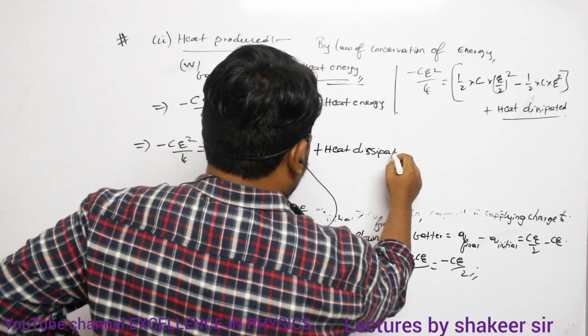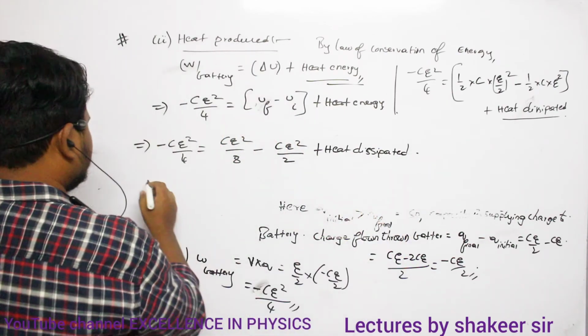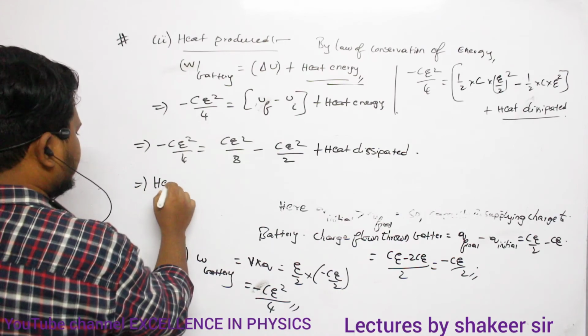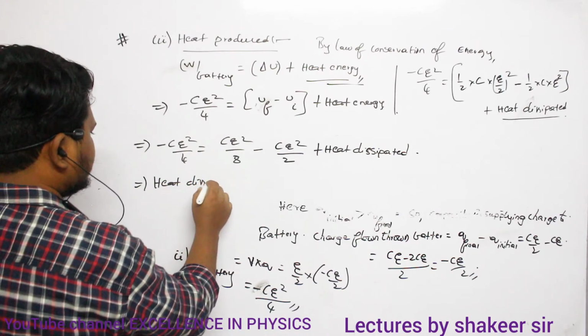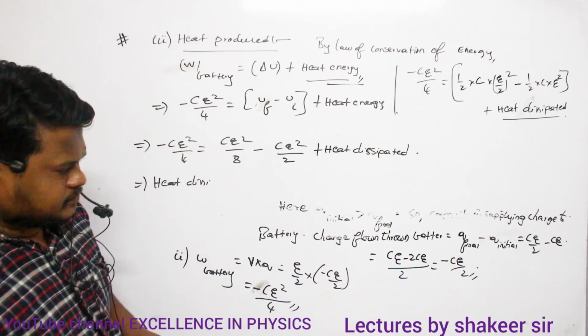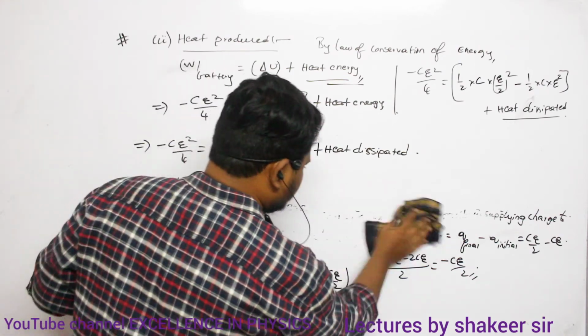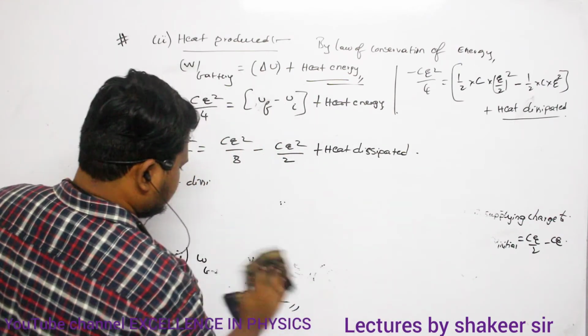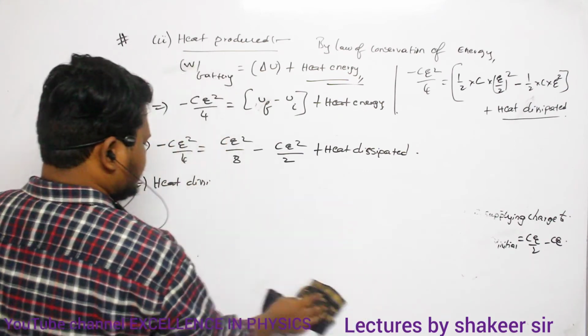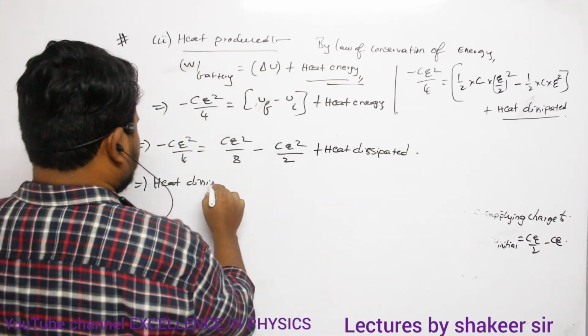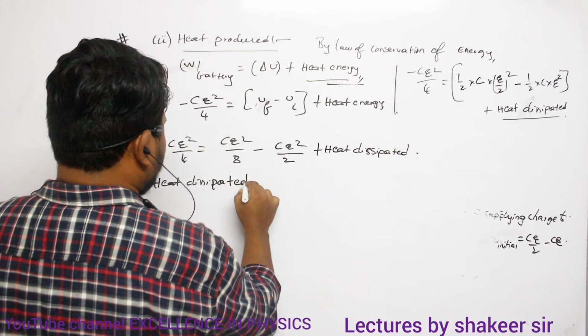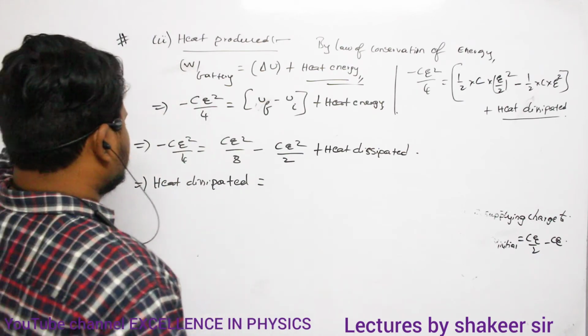So do this calculation. So heat dissipated is how much? Heat dissipated is equal to, now take all these terms to one side.